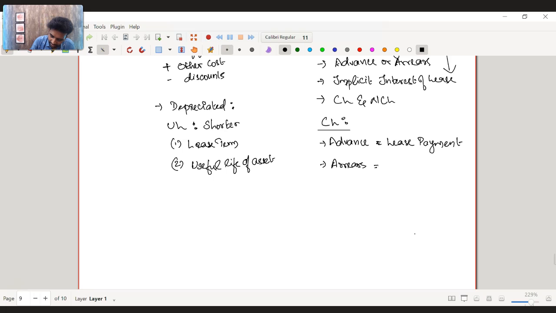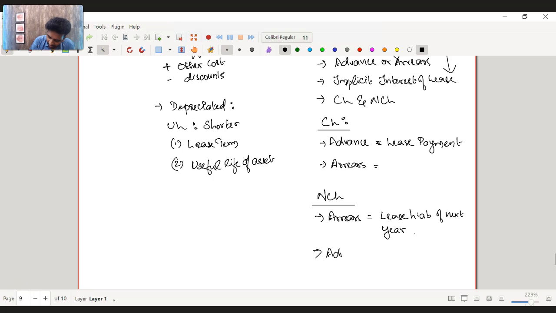How will you calculate it? In terms of arrears, you can calculate the non-current liability first. In arrears, your non-current liability will be equal to your lease liability as of the next year. Whatever your lease liability is by the end of next year, that will be your non-current liability.